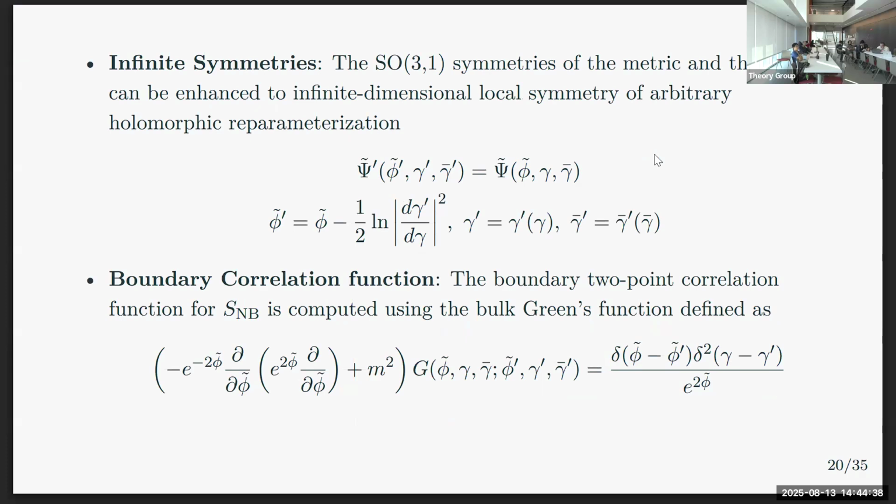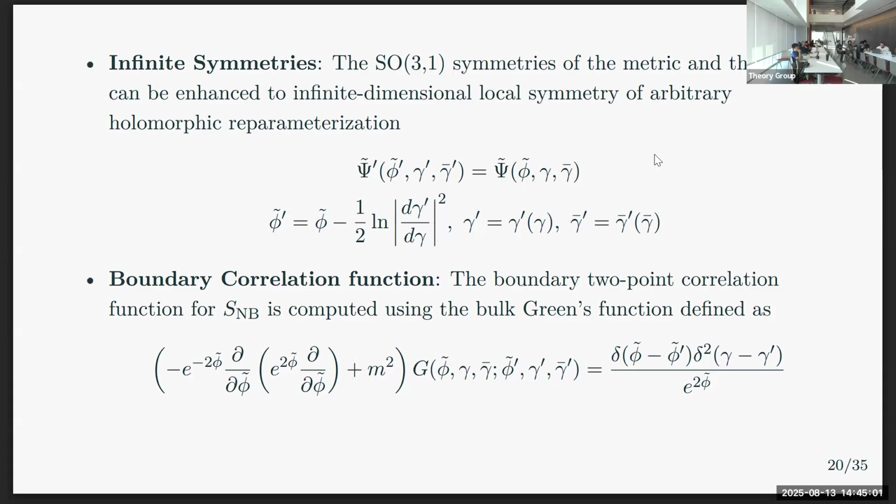So these are holomorphic and anti-holomorphic reparameterizations. These are the Virasoro symmetries, and phi tilde just transforms as follows. The usual field theory is not invariant, but in the near boundary limit, the field theory that I get is invariant under these symmetries.